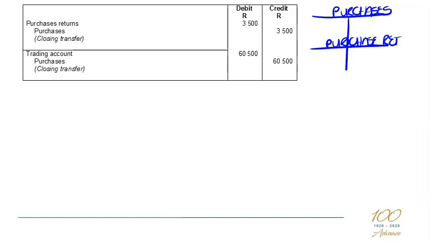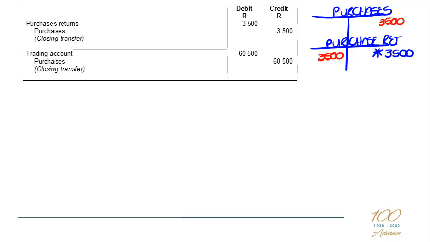So purchase returns would have an entry on the credit side. So I had the 3,500 normal transactions on the credit side. How do I get rid of a credit? I will have to debit the purchases returns with a corresponding credit in purchases.